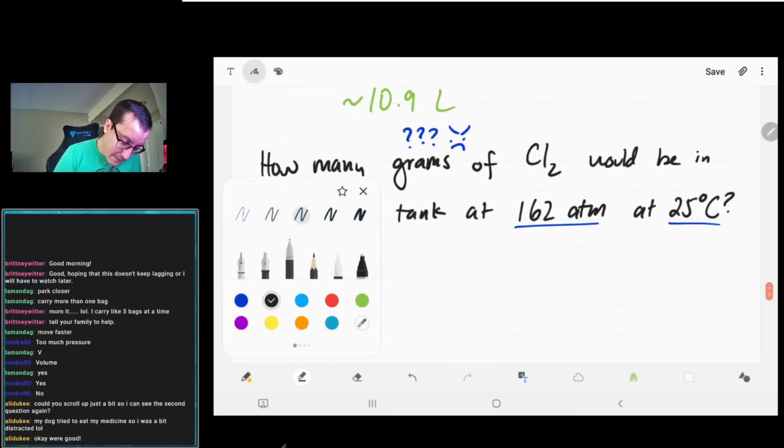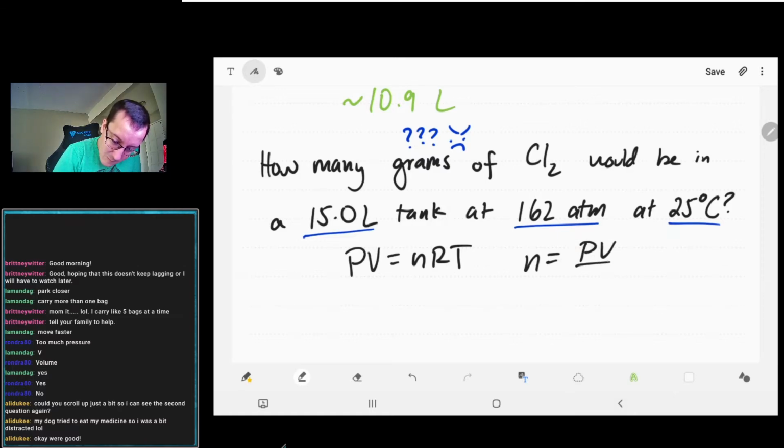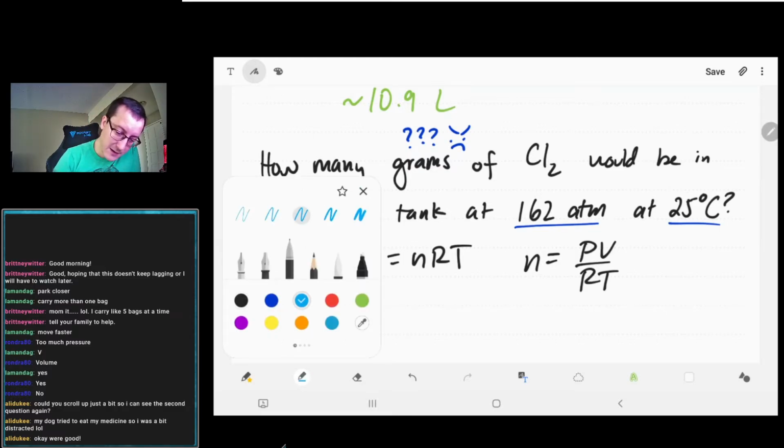So with this, we don't have an n, so we should probably solve for that. Here's our gas law. So n is therefore PV over RT. Looks like the volume is okay, the pressure is okay, but the temperature we're going to need to adjust.